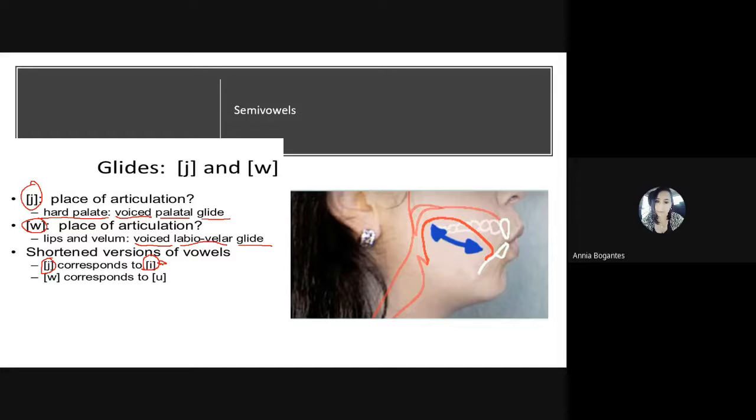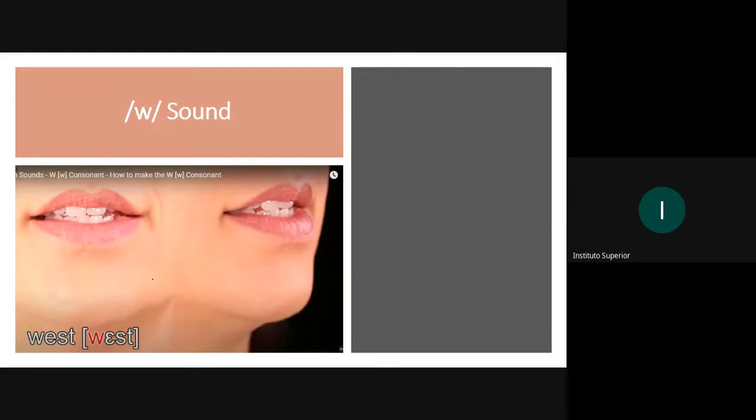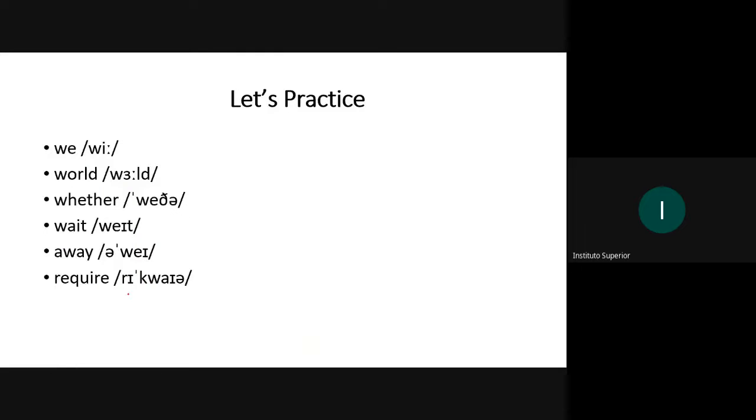This one. And this one? Correspond to this sound. Let's make it with examples. Here we have examples of how we produce these sounds.